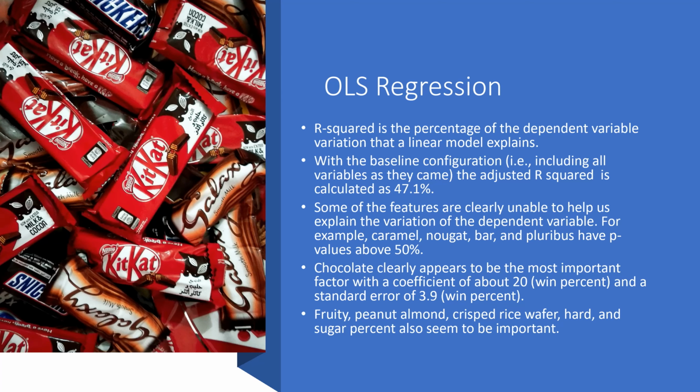Next, chocolate clearly appears to be the most important factor with a coefficient of about 20 on the percent and a standard error of 3.9. Fruity, peanut almond, crisp rice wafer, hard, and sugar percent also seemed to be important.